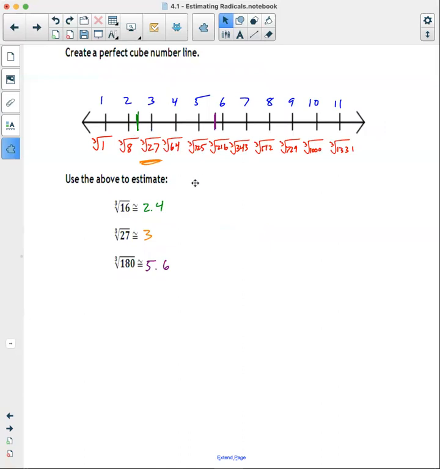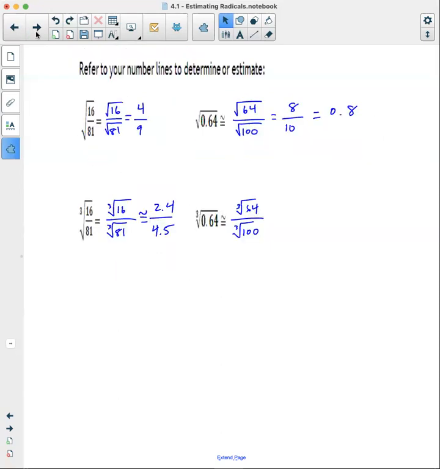Well, that's actually a perfect cube. So that equals 4. And then the cube root of 100 is closer to cube root of 125 than it is to cube root of 64. So let's say that's approximately 4.7.